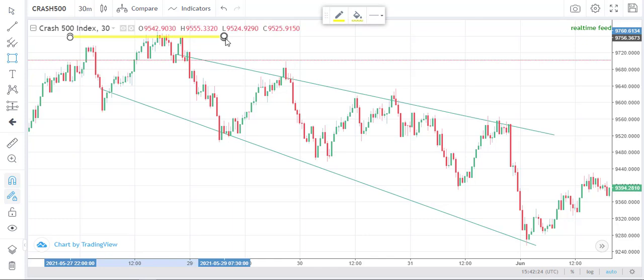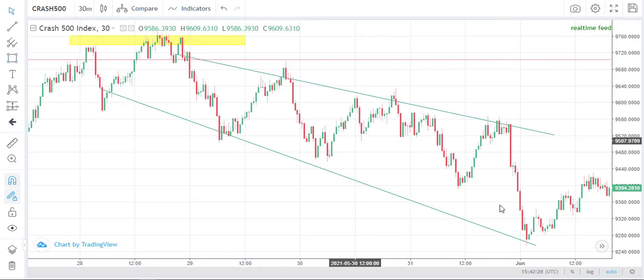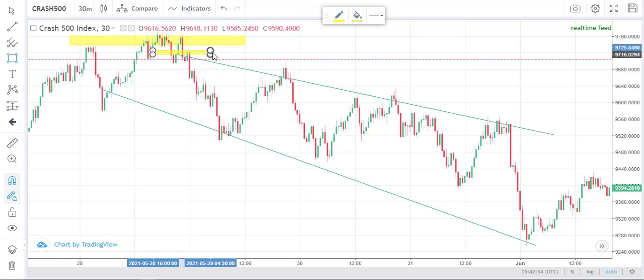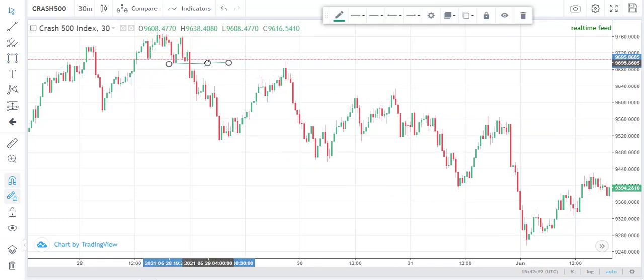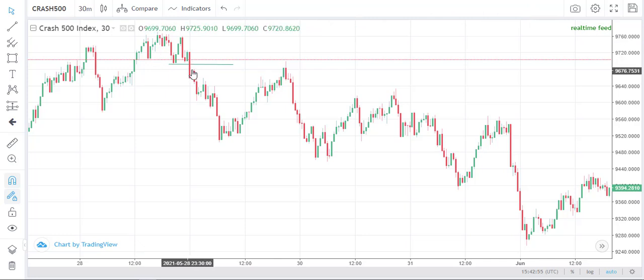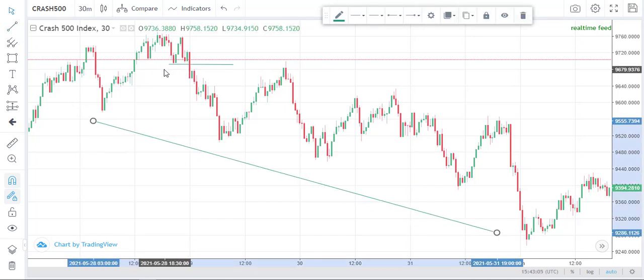This is where price was turning to begin the downtrend. After this, you clearly see we are having a break of structure right here. This is the first break of structure. It is the first clue that price has changed direction. Price is now moving downwards.